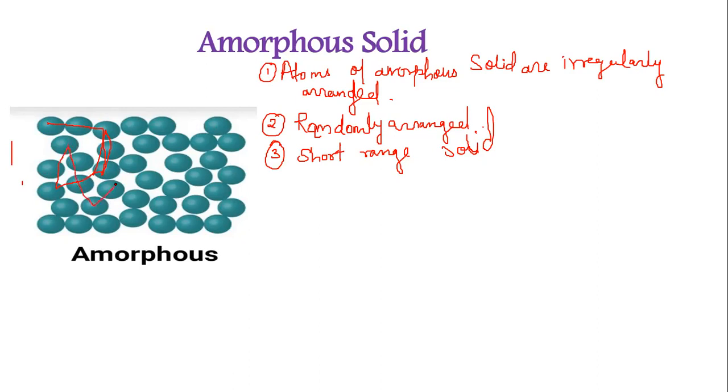So the arrangement of atoms is changing. If the arrangement is changing over a short distance, they are short range ordered solids.